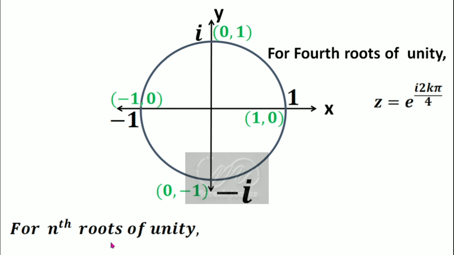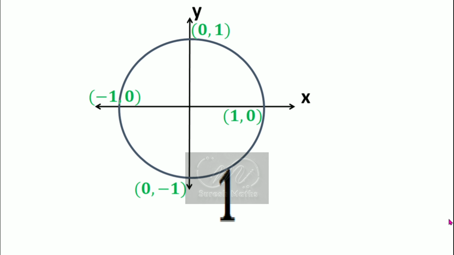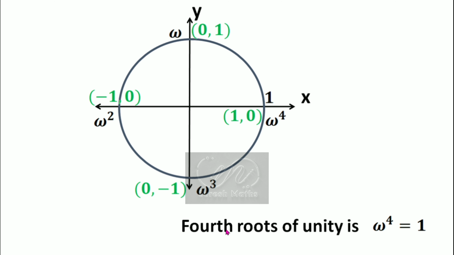For nth roots of unity, omega is equal to e power i into 2k pi by n. Here, the fourth roots of unity are 1, omega, omega square, omega cube, and omega power 4 is equal to 1. The fourth roots of unity satisfy omega power 4 equal to 1.